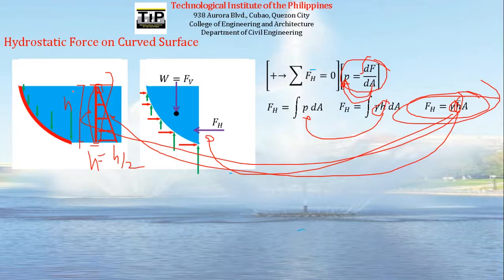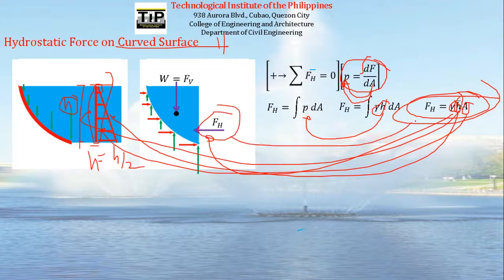That's the middle, the center vertically, of that flat surface. So h bar is equal to h over 2. And then the area is the area of this cross section, so we multiply the height by the width, which is how thick our curved surface is. So that's how we solve F sub H: gamma h bar A.